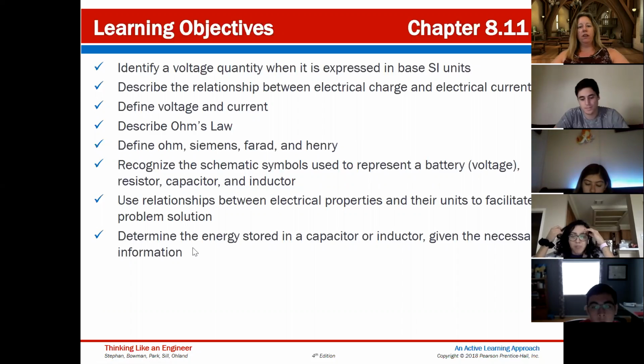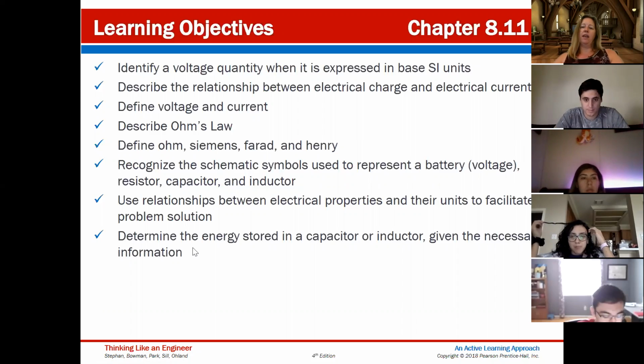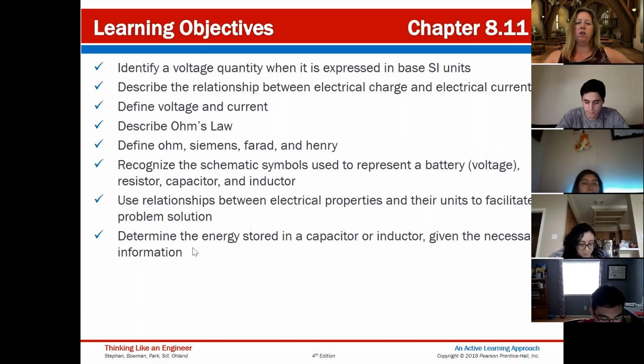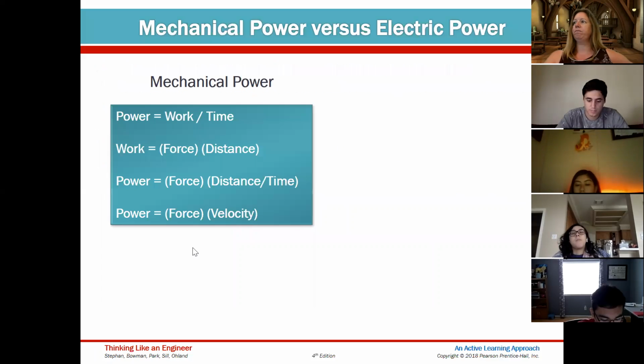So if you're an electrical engineer or a biomedical engineer or a mechanical engineer, you're going to need to know at least some electrical concepts. Depending on what engineering degree you're trying to get, it's always good to know at least the basics of how a basic electrical circuit works and how to calculate accordingly.